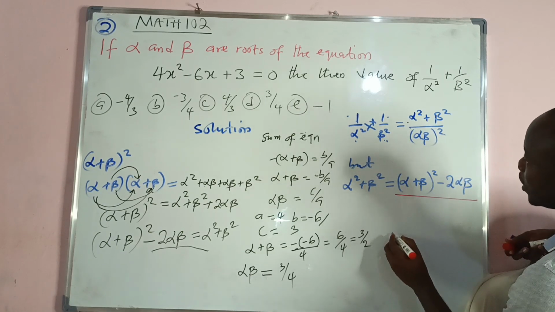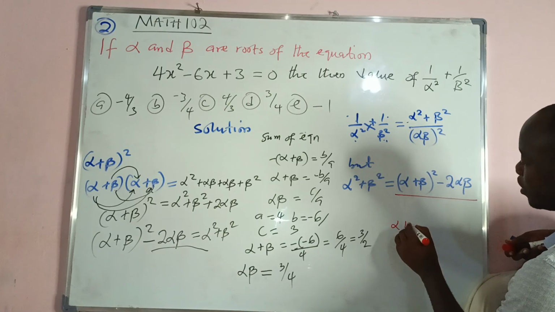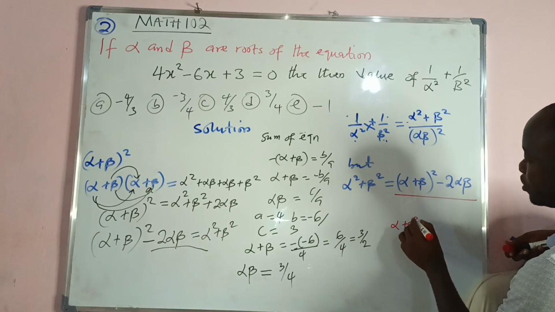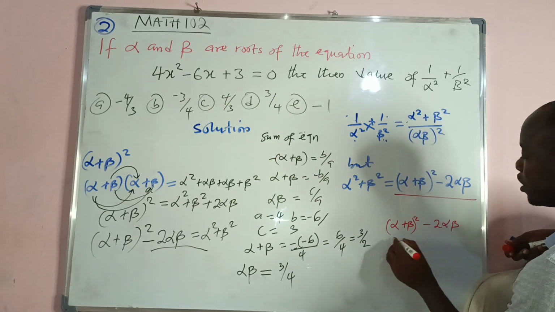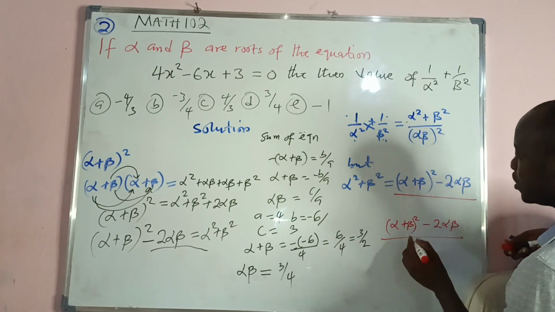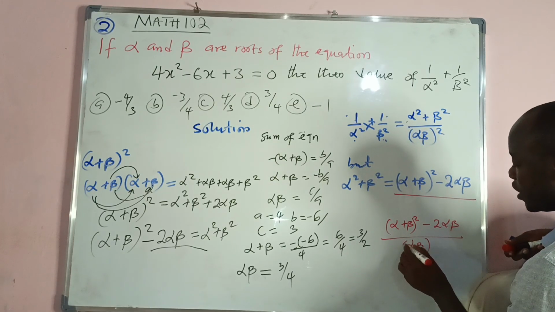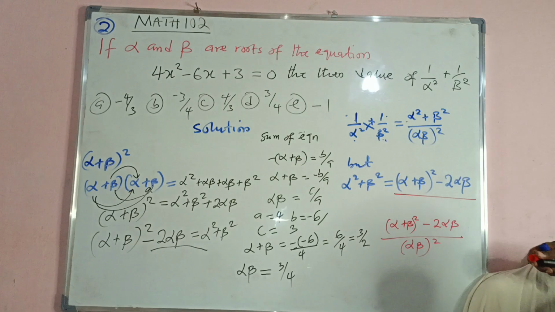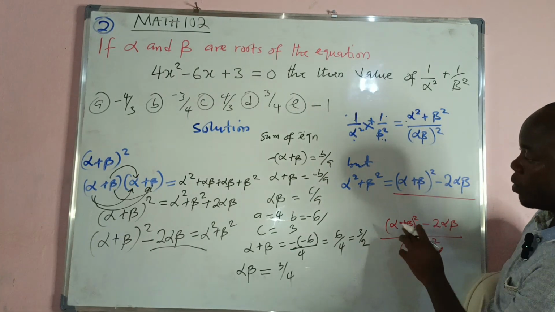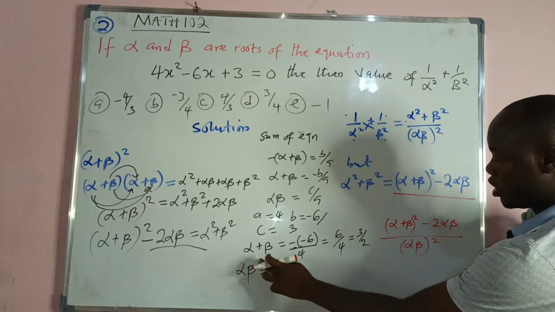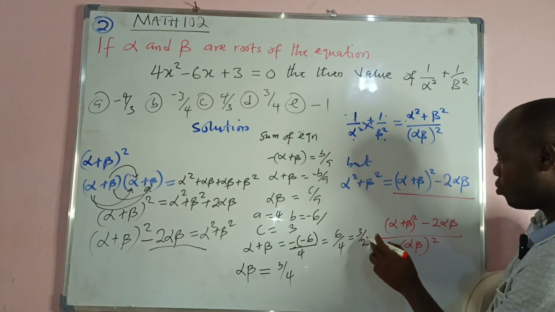So therefore we now have (α + β)², everything in bracket, then minus 2αβ, all over (αβ)², which we already have. So then what do we do? α + β from here is 3 over 2.